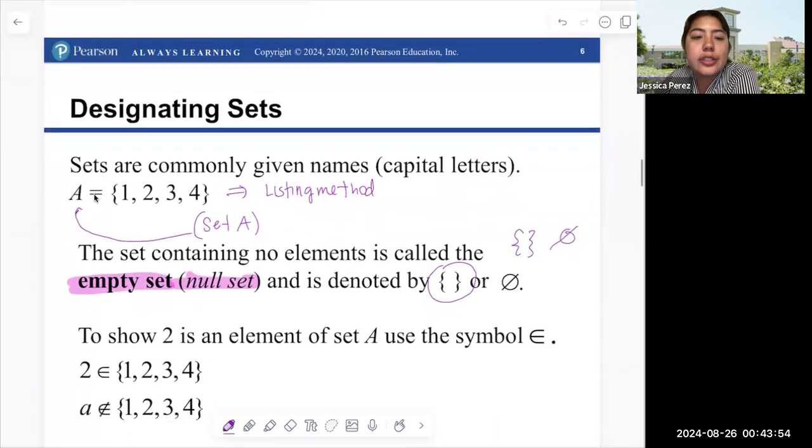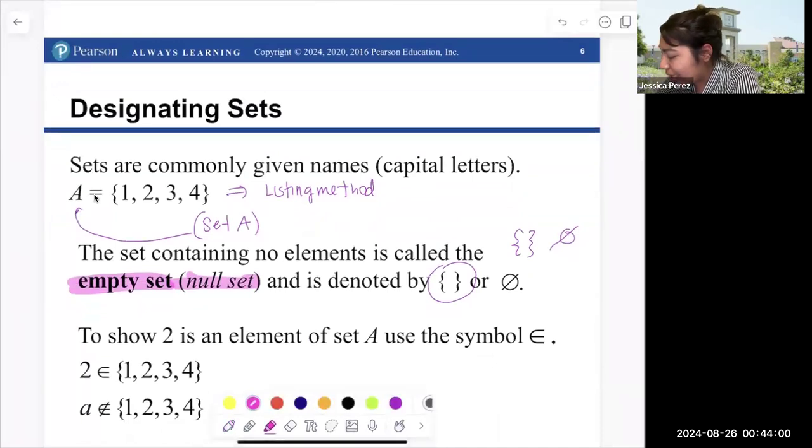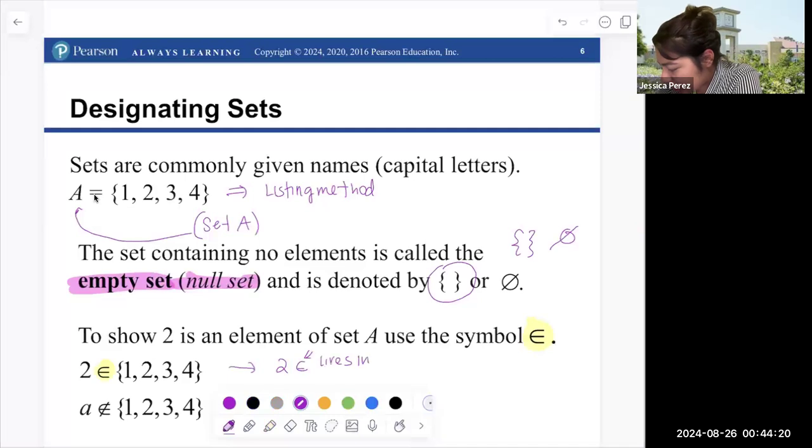To show that 2 is an element of A, we're going to use this element symbol. This symbol means that 2 is an element, that it is part of the set. 1, 3, and 4 are all part of the set as well. So this symbol means it lives in the set.